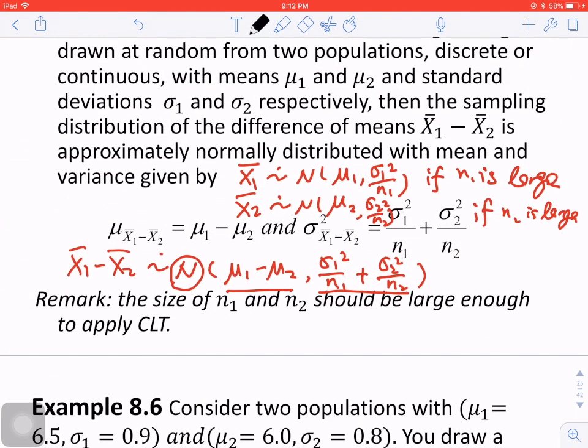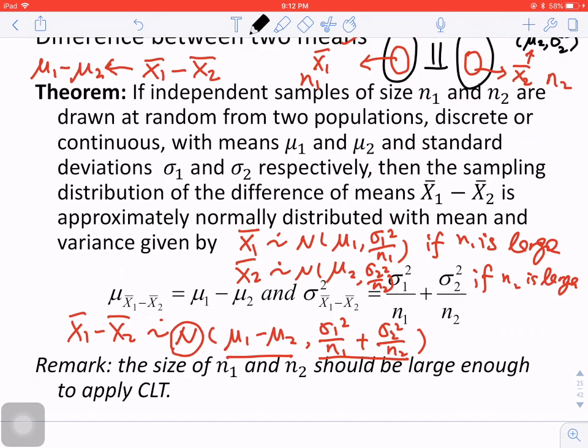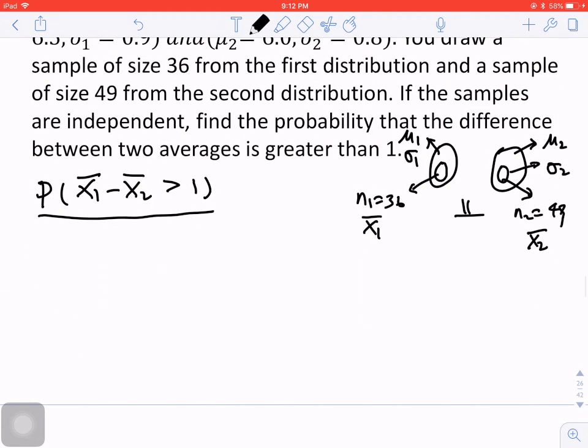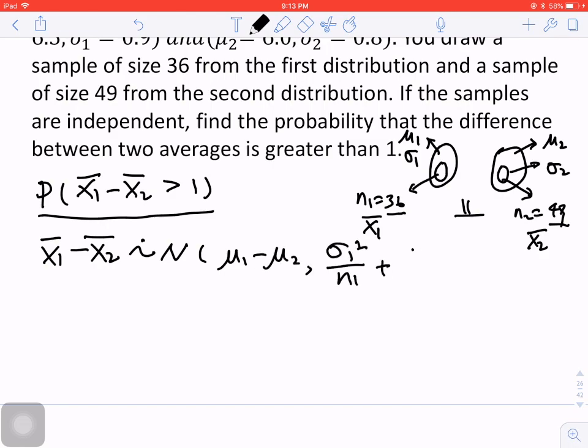If you go back here, you'll find its distribution should be normal, because we know that n1 is larger than 30, and n2 is also larger than 30. So x1 bar minus x2 bar approximately follows a normal distribution with mu1 minus mu2, sigma 1 squared divided by n1 plus sigma 2 squared divided by n2.